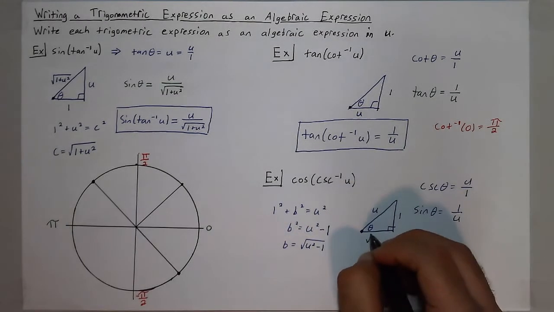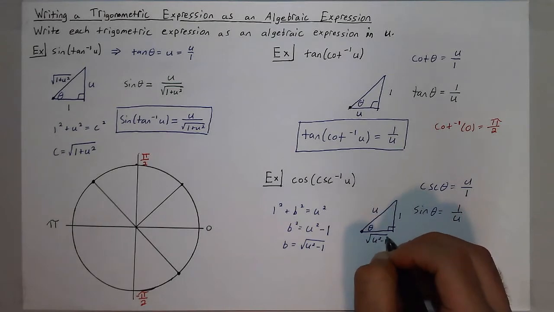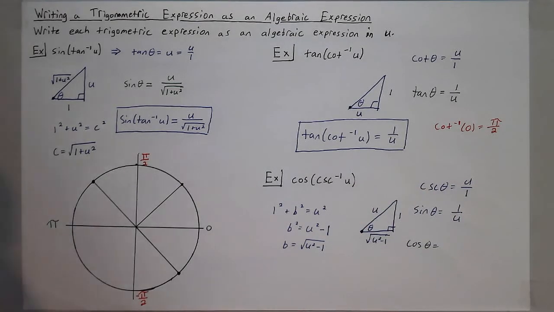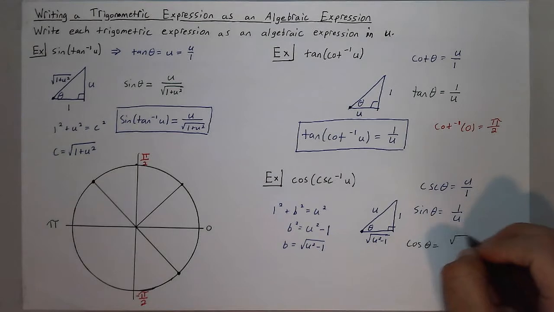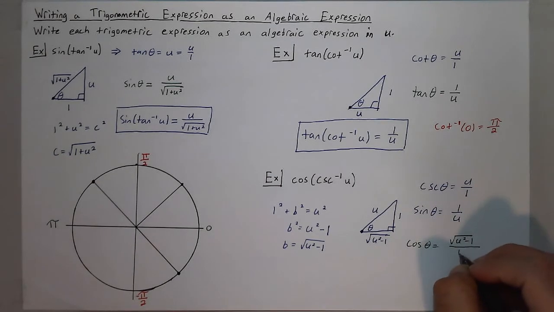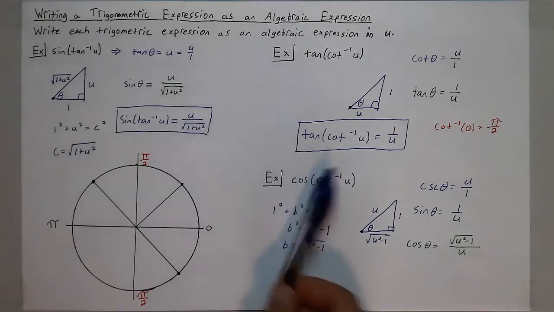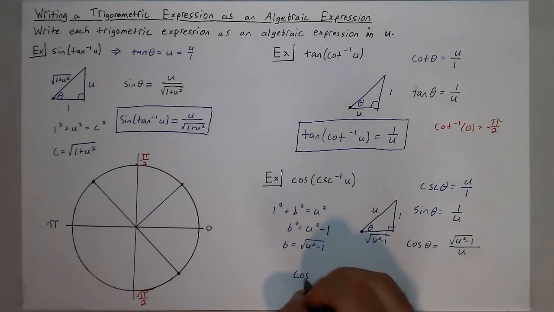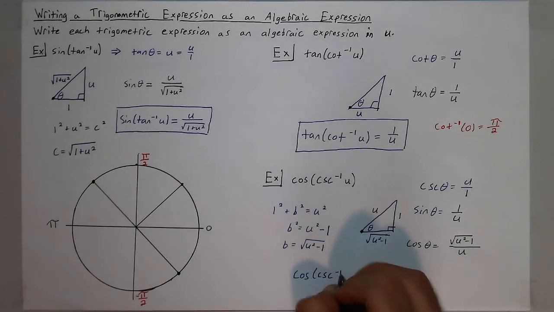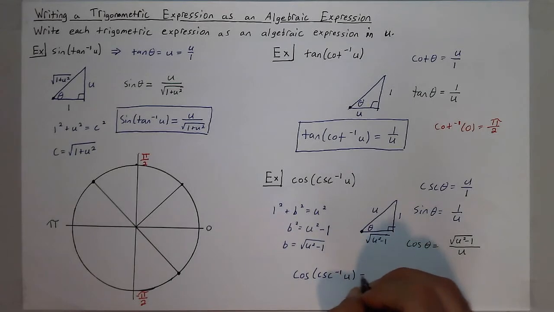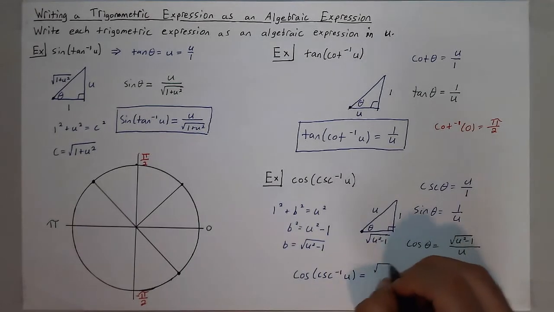So with my adjacent side being the square root of u squared minus 1, cosine will be equal to the square root of u squared minus 1 over u. So my expression up top, cosine of cosecant inverse of u, is equal to the square root of u squared minus 1 over u.